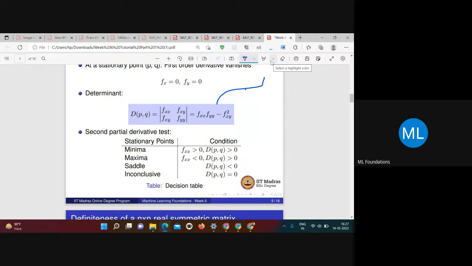Those are the points for which you can't say how the function will behave. For those saddle points, the second test, meaning the second derivative, you are getting zero there at those points also.